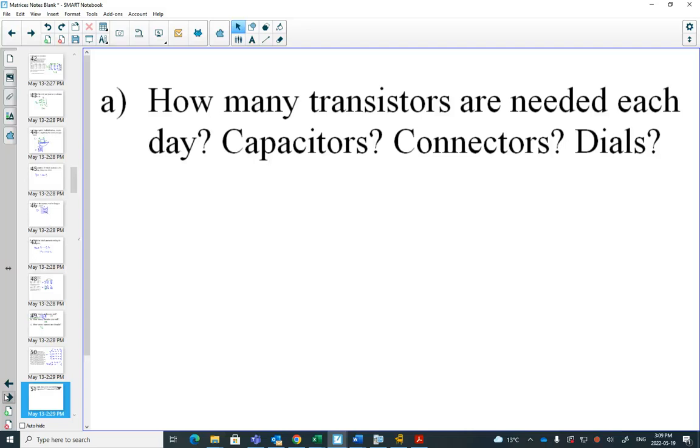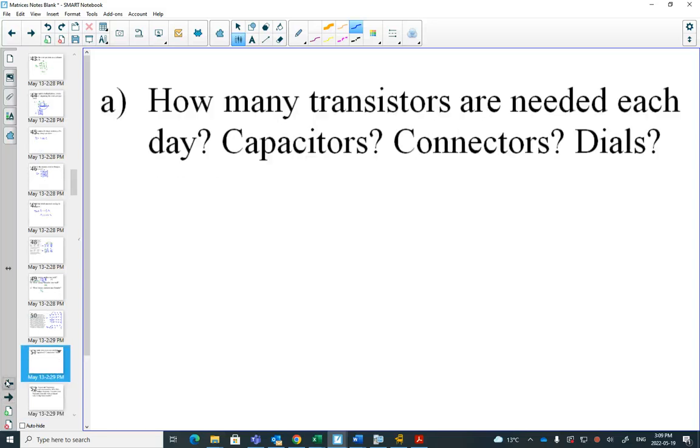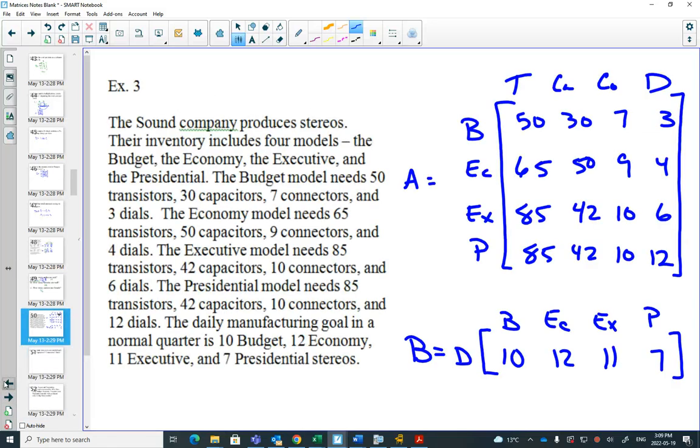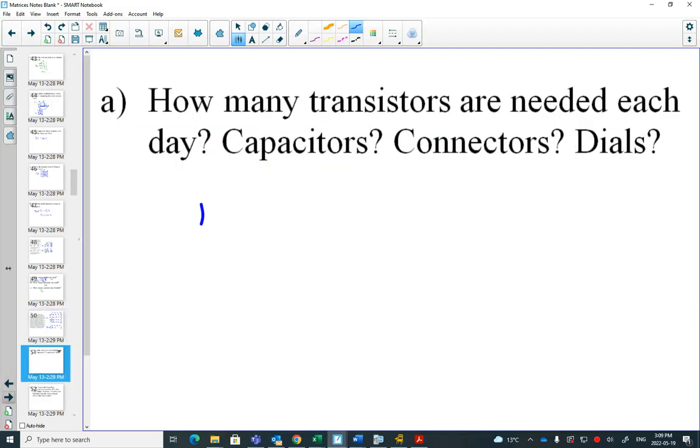So, how many transistors are needed for each day? Capacitors, connectors, dials. So we need to multiply these together. Can you see that B is 1 row, 4 columns, a 1x4? We would need to go B first, and this 4 stands for the number of models.